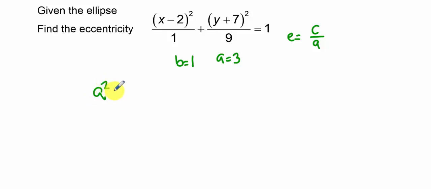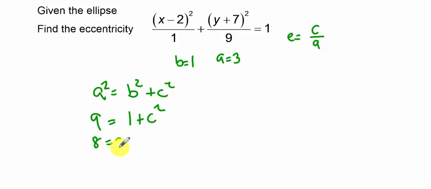Once again, A squared is B squared plus C squared. 9 equals 1 plus C squared, and 8 is equal to C squared. 2√2 is equal to C. Therefore, my eccentricity is 2√2 over 3.